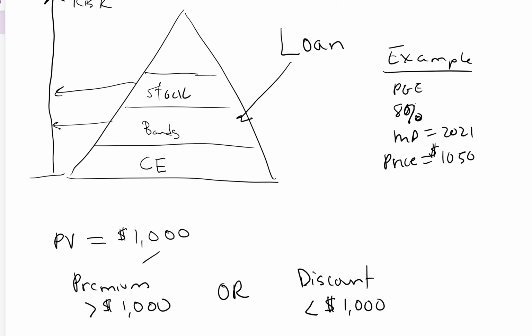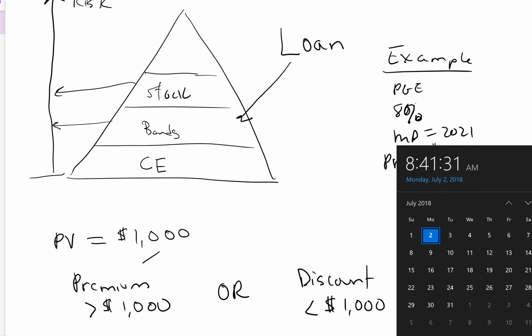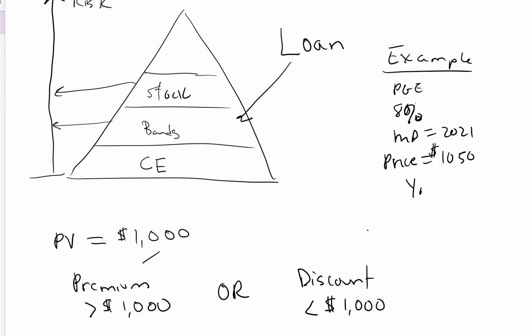So going back here, year one, so this would be, I'm going to put these as years, 2018, 2019. How about we start 1 year from now, 2019, 2020, and 2021. So how much money am I going to make?